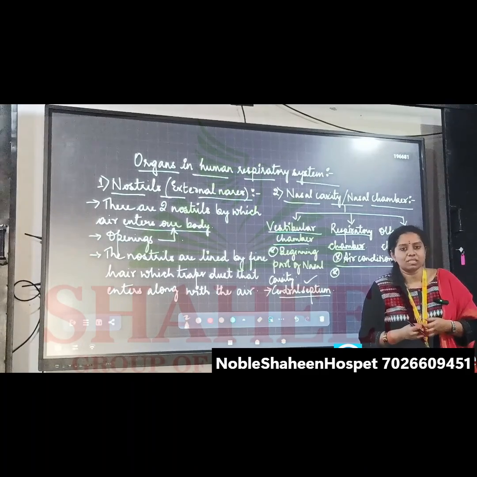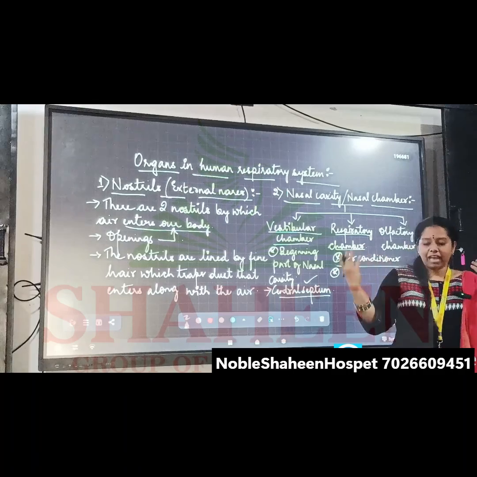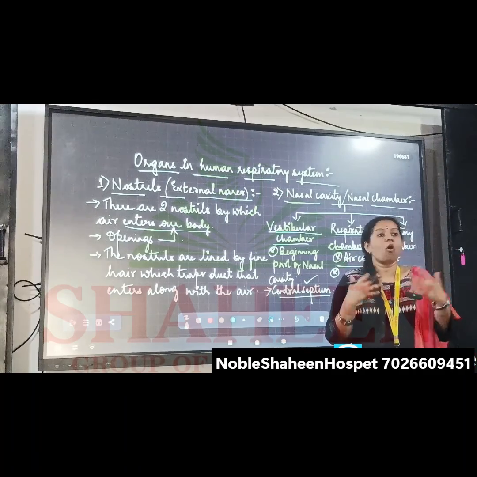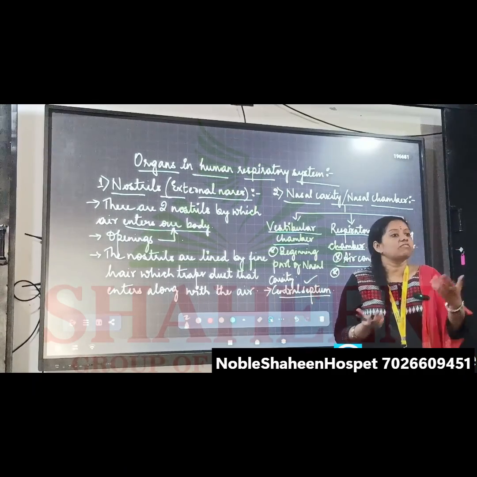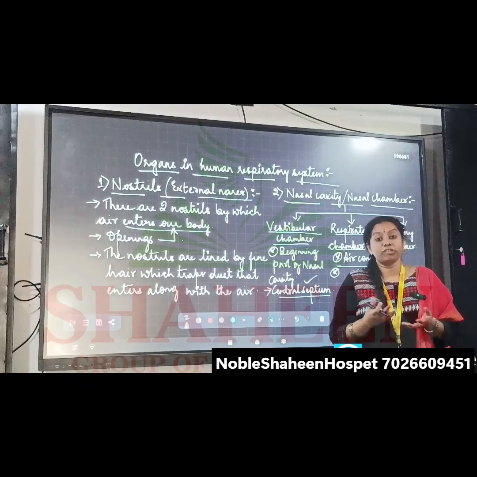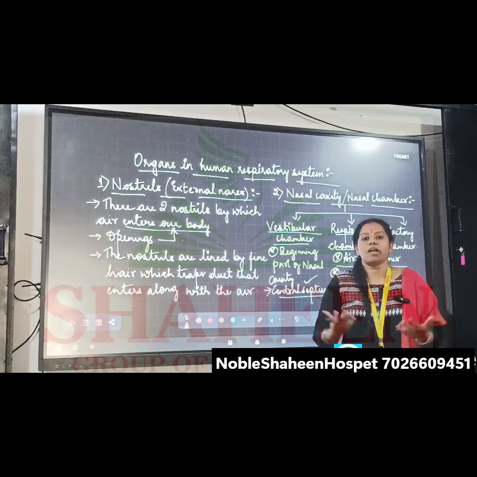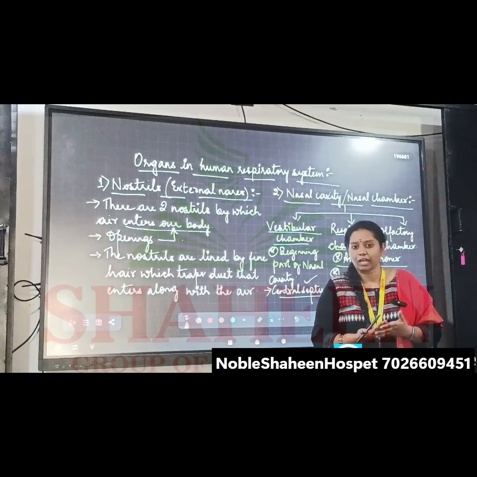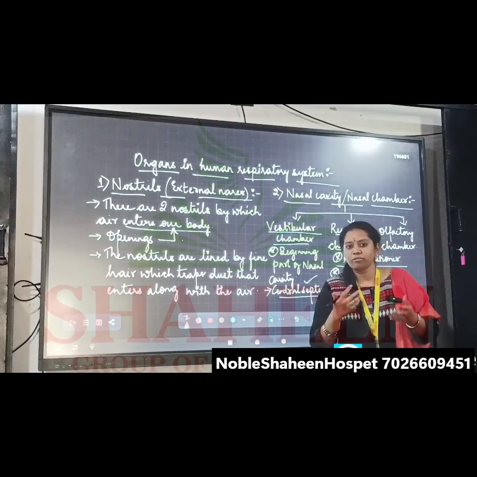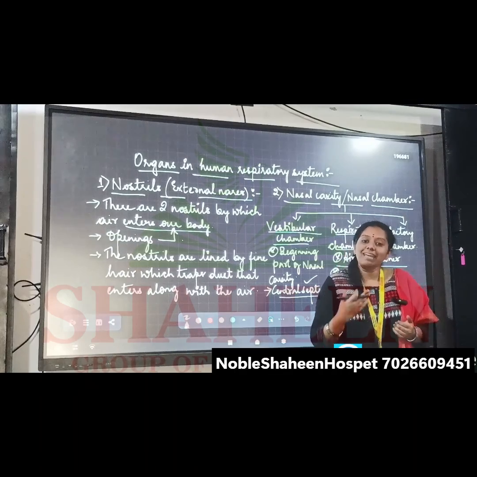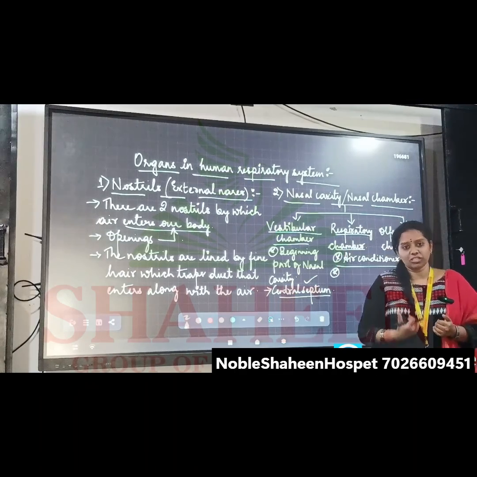For example, if the environment suddenly becomes very dry, as in winter, the air entering our body has no moisture at all. That is not suitable for the body because that air can do a lot of damage inside.